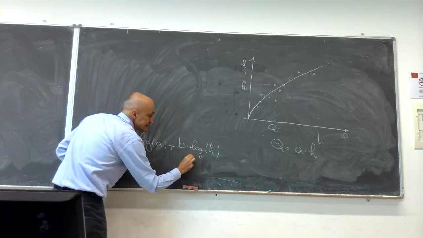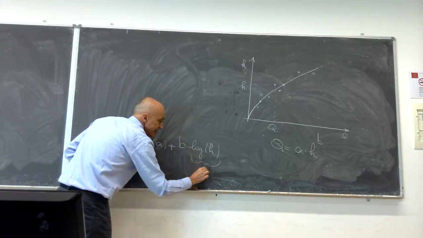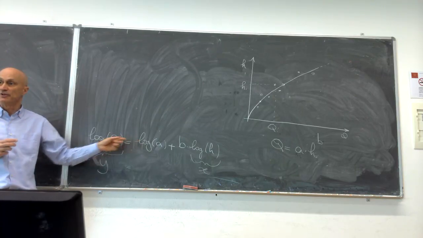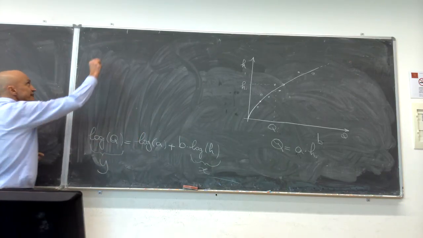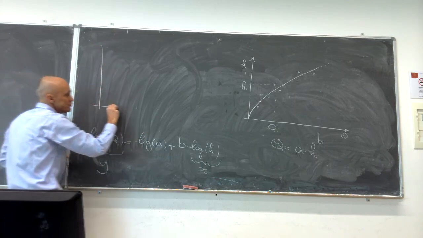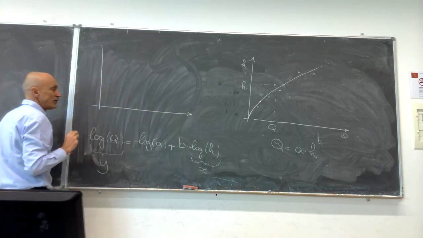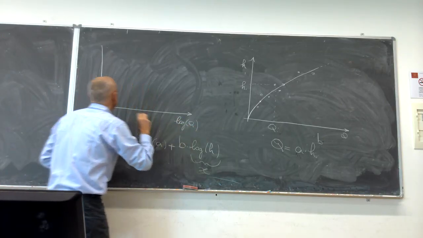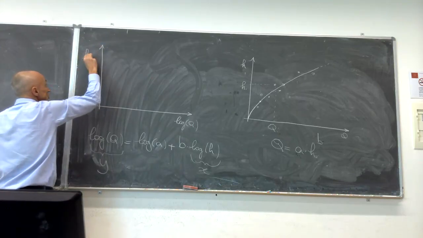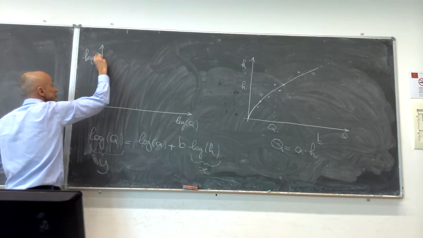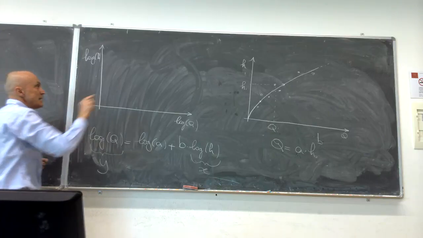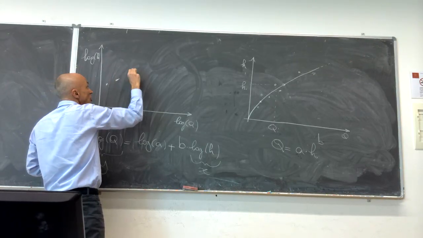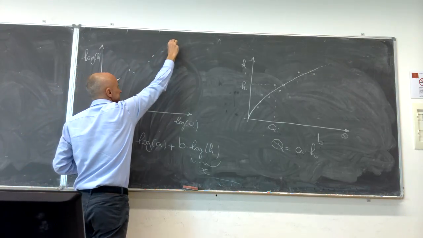So if instead of working in a natural space, we work in a log space, so this is log Q, and this is log H, the empirical points tend to be, normally, this is what the empirical practice shows, located in the space with a highly linear behavior.